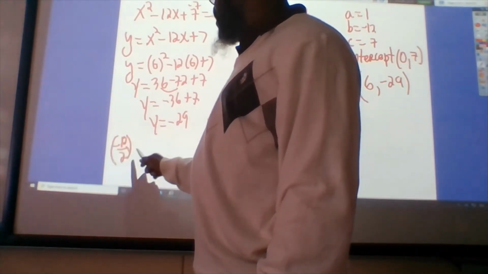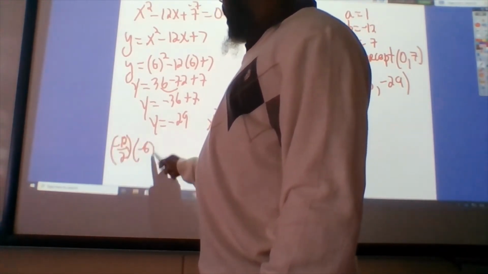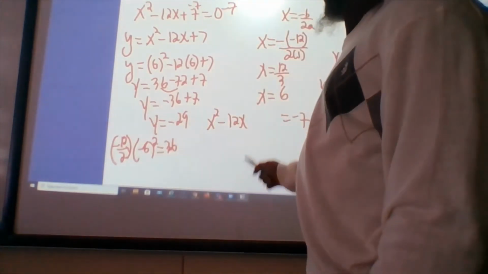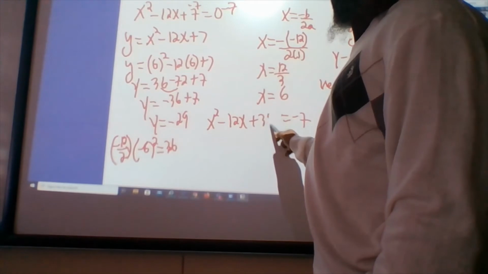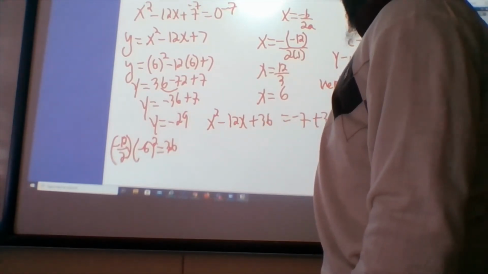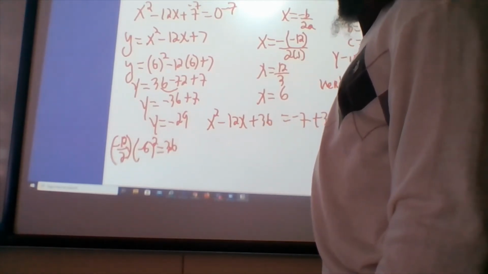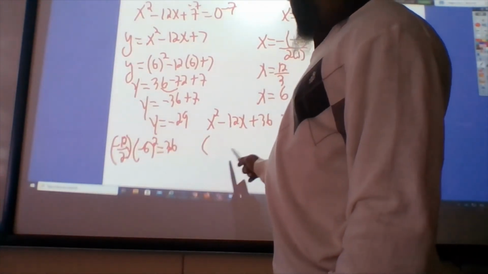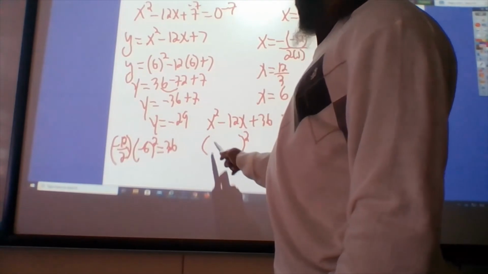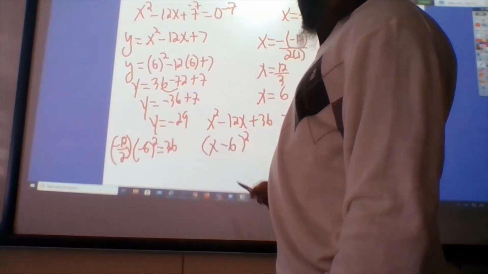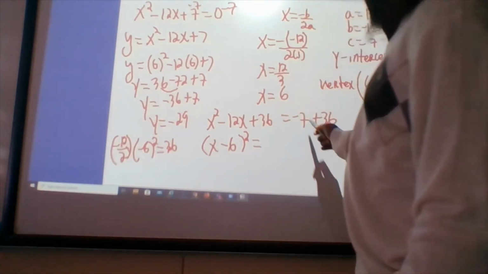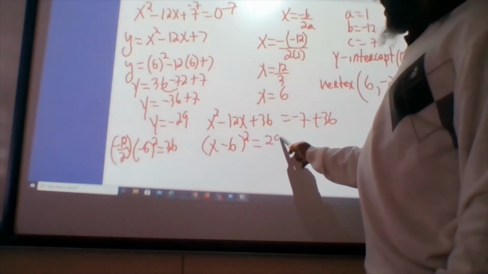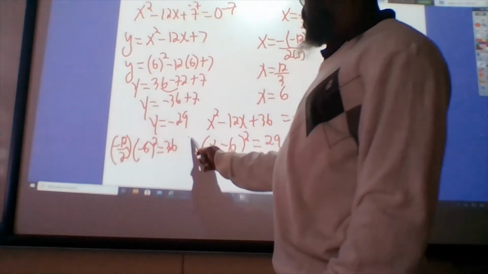All right. Then when I rewrite the left side as a perfect square trinomial, it's x minus 6 squared equals 36 minus 7, which is 29. The only thing I have to do is take the square root of each side, and I will have x minus 6 equals plus or minus the square root of 29. Now, to get x by itself, I add 6 on each side.